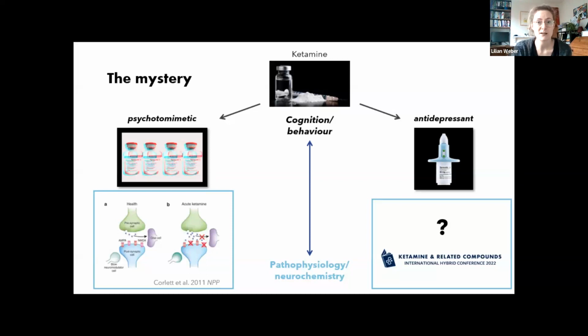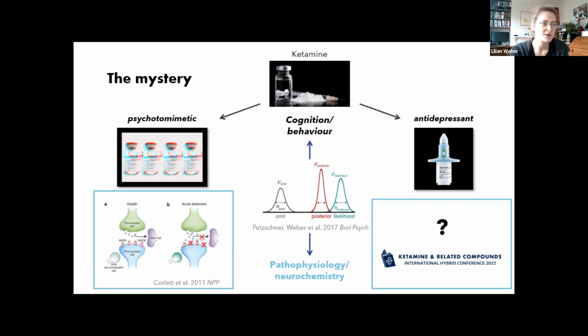And if we can understand what drugs are doing on this level, then we might be able to better predict the effects on symptoms as well. And in my work, I've mostly been using hierarchical Bayesian models of perception and belief updating, where we think about how to optimally combine prior knowledge with new information to form beliefs.